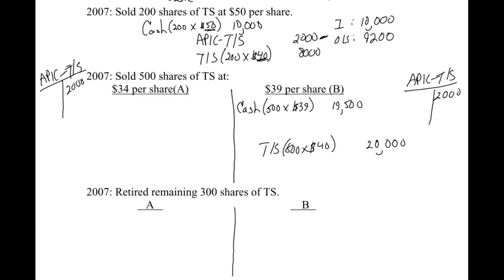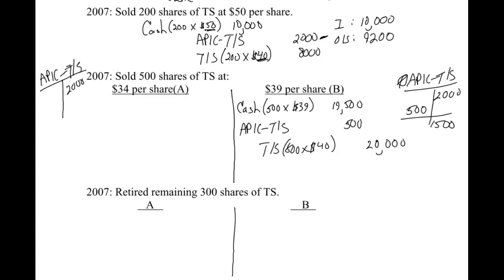Looking over here on side B, the rule for this account is I can debit this account, it just can't end up with a debit balance. You can see here I'm off by 500. So I can debit this account by 500 and make it 1,500. I could not debit it for more than 2,000. So I just reduce additional paid-in capital by the 500.